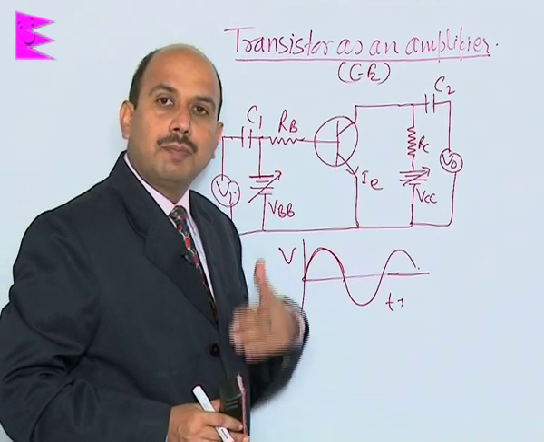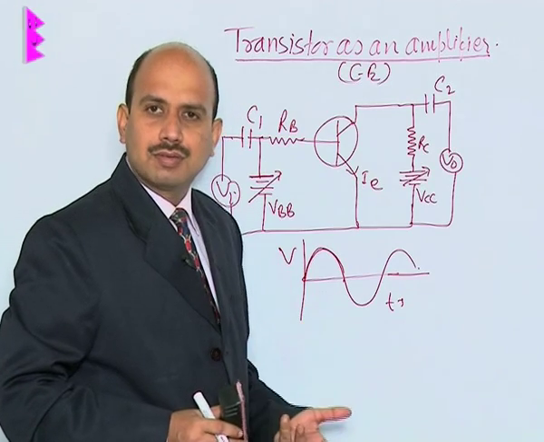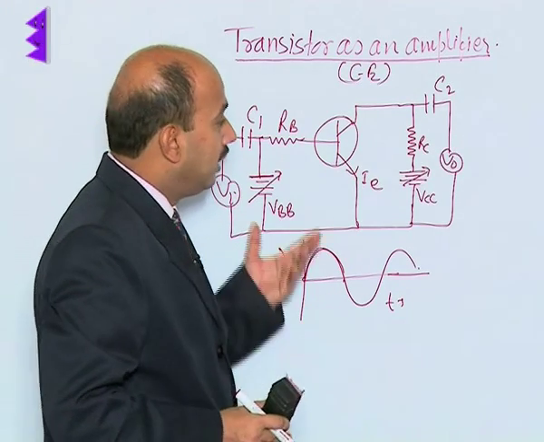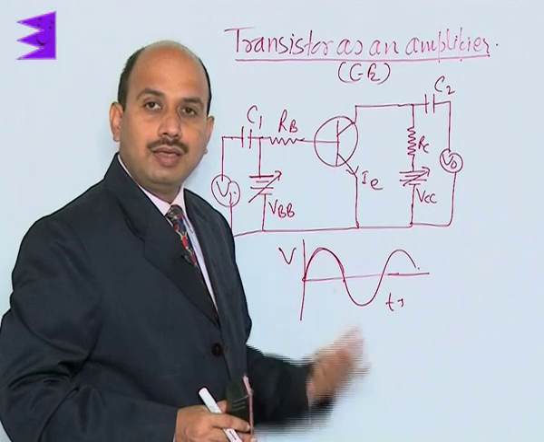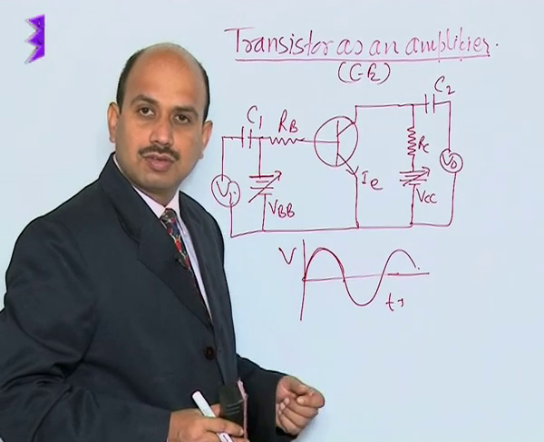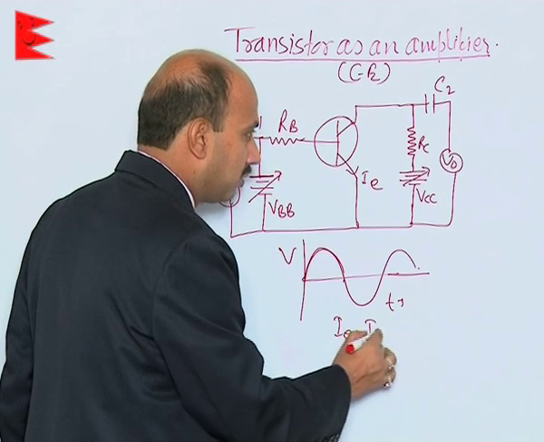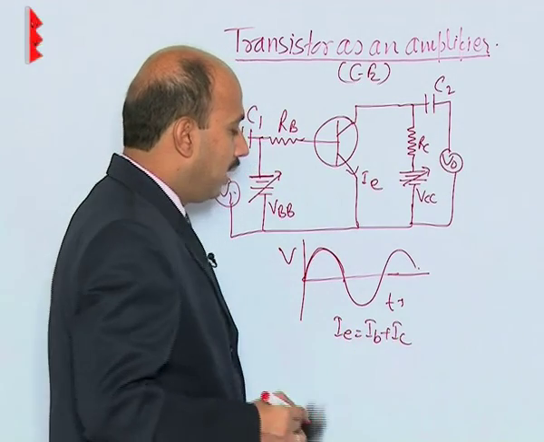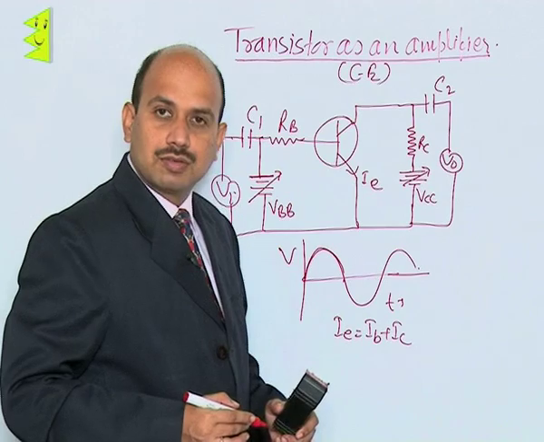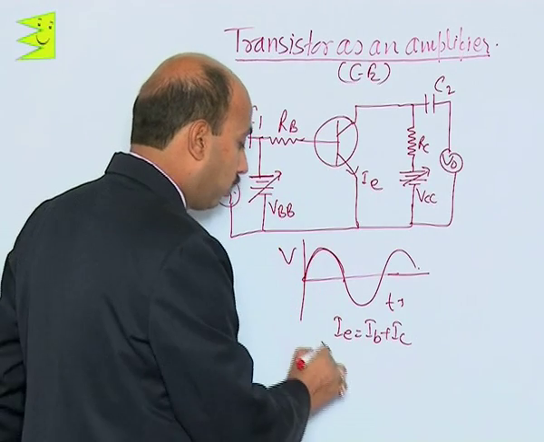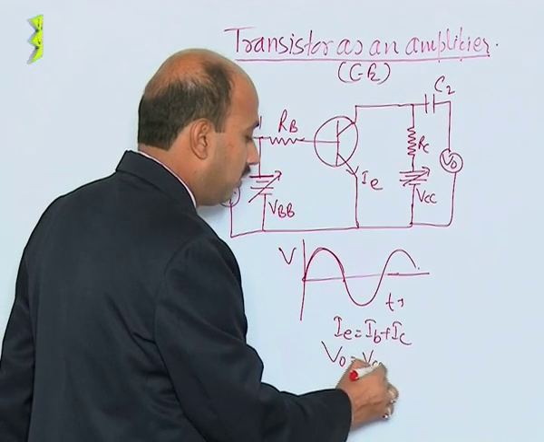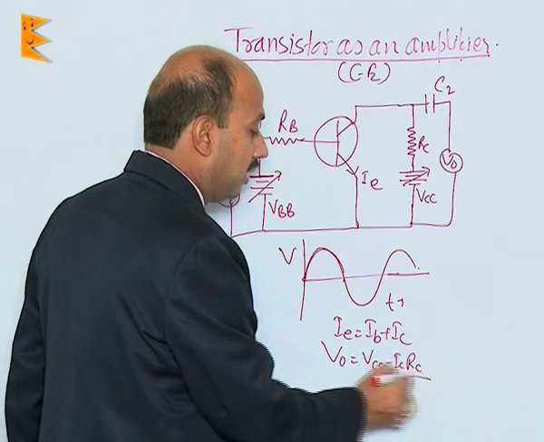It means forward biasing of the input junction increases. As a result, IE increases. When IE increases, IC increases, because we know IE is equal to IB plus IC. And when IC increases, the output voltage, that is VCC minus ICRC, decreases.